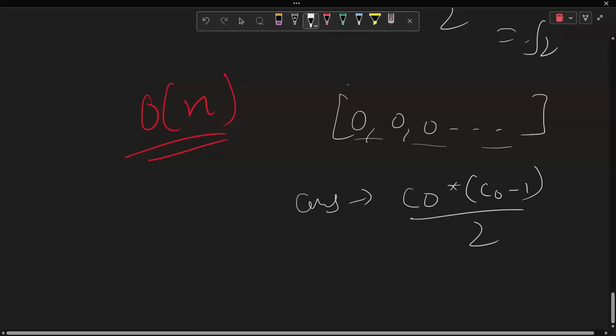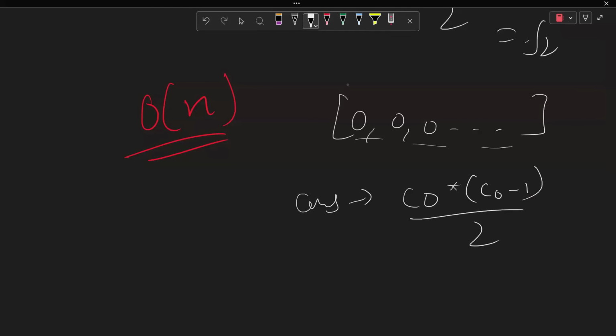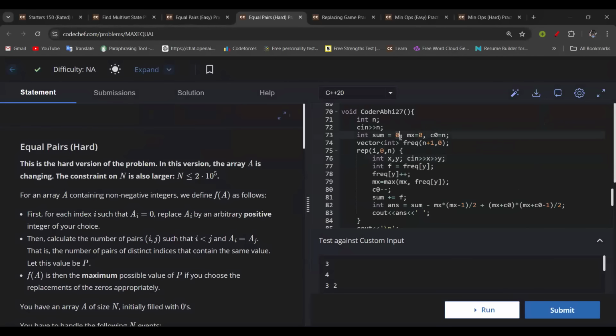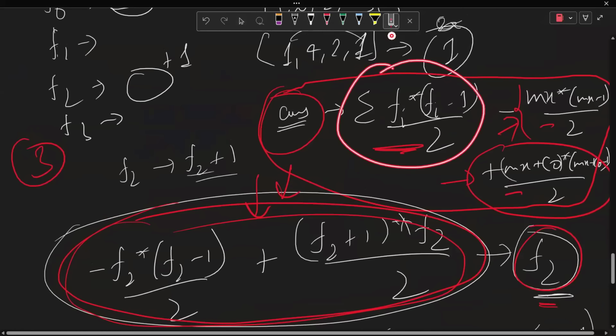Then one by one, as the things are getting updated, you would update the answer. So initially, your sum stores this part. This part is stored in my variable sum. So this is 0 initially because the frequency of all the elements is 0. There are only zeros initially. So this part is 0 that is stored in my sum variable.